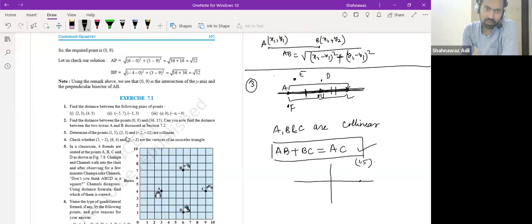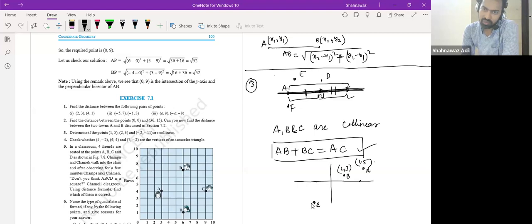And then 2, 3 is here. So this is 2, 3. And then -2, -11, somewhere there. So this is A, this is B, and this is C.